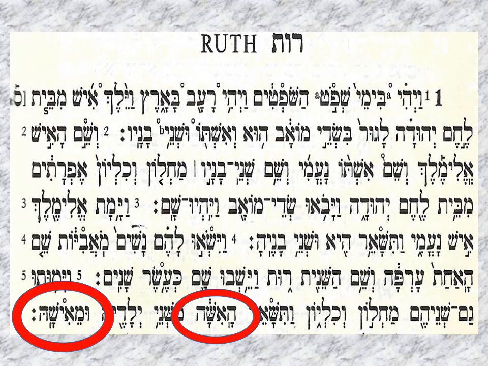This is actually a mappiq, and it tells us that we're going to pronounce the he as a consonantal he. So this is not a qamets he, it's a qamets followed by a consonantal he, signaled by that little dot in the he at the end of the word. It's called a mappiq, spelled a couple different ways. We'll learn about this in a next chapter.